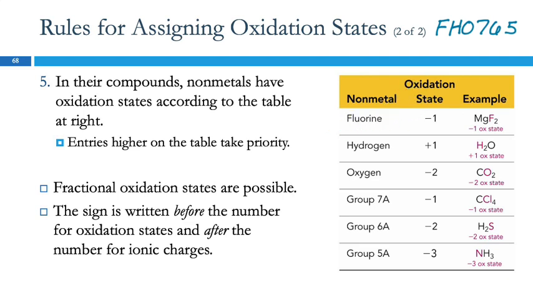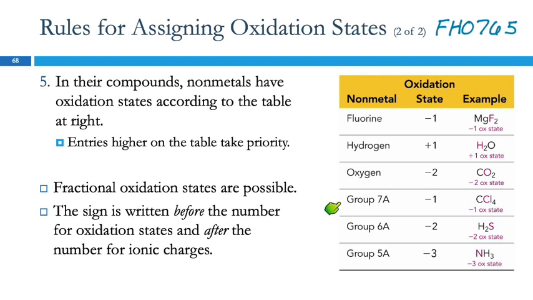Fluorine gets to choose first. Next is hydrogen. What kind of an ion does hydrogen form? +1. That's the oxidation state that hydrogen would like to have. Oxygen is third choice. Oxygen ions, oxide ions, have a -2 charge.